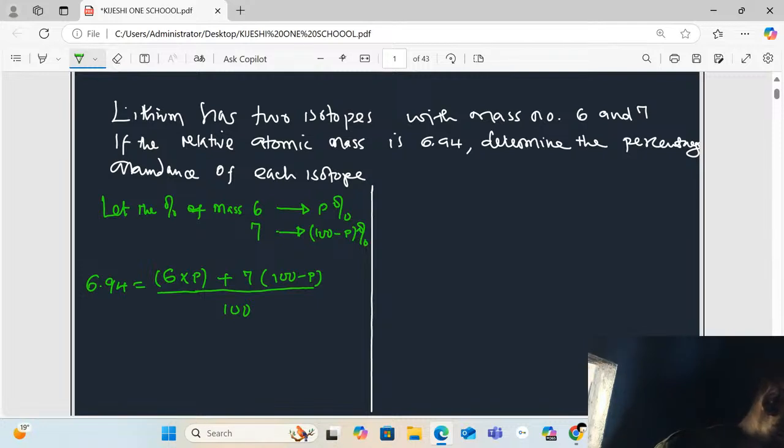Therefore, the left-hand side becomes 694 equals 6P plus 7 times 100. Now we are opening up the brackets. It becomes 700 minus 7P.